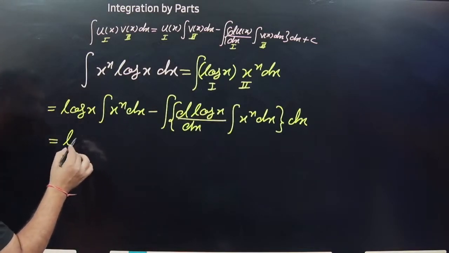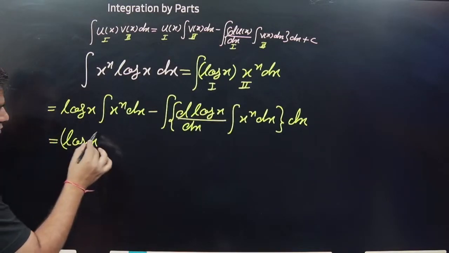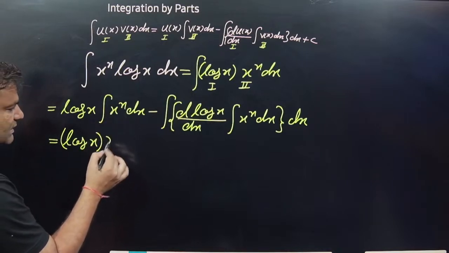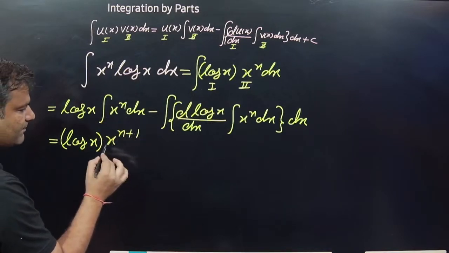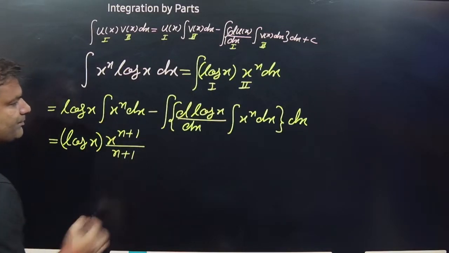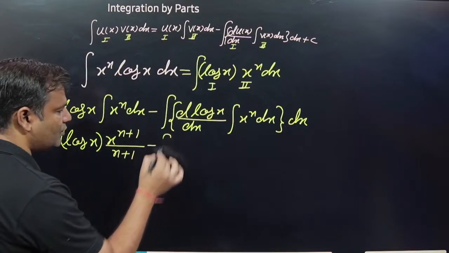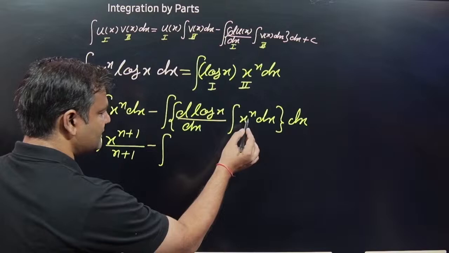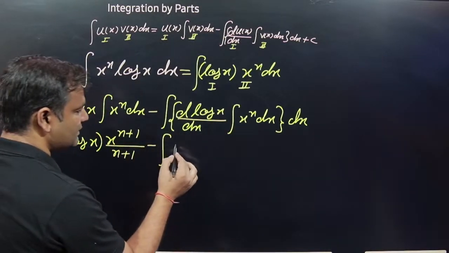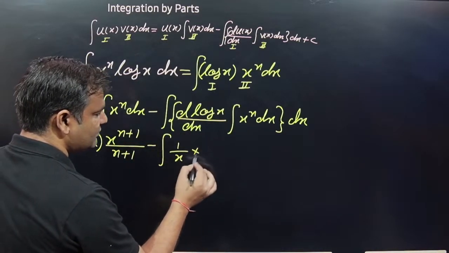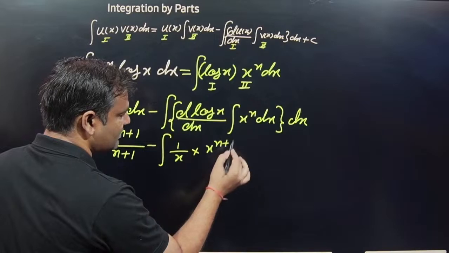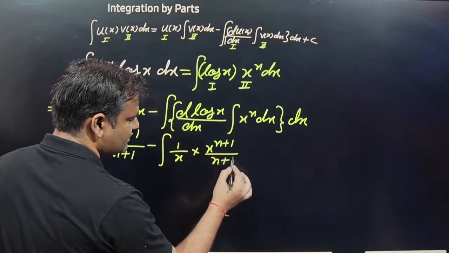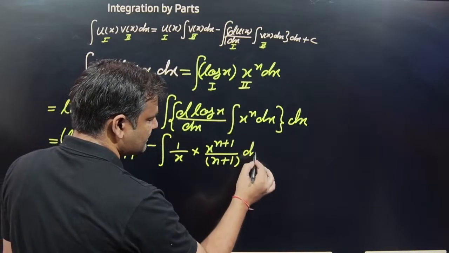This one is written: log x into integration of x to power n, which is x to power n plus 1 upon n plus 1. Now the differentiation of log x is how much? 1 by x. The integration of this one is written 1 by x into x to power n plus 1 upon n plus 1 into dx.